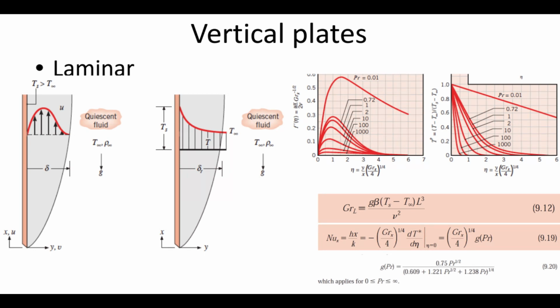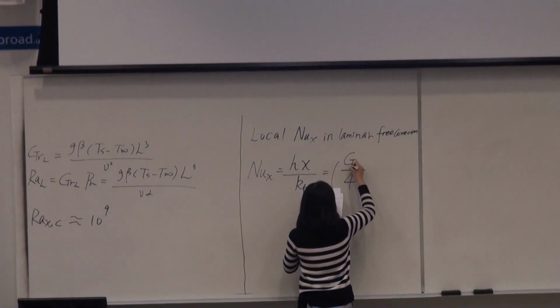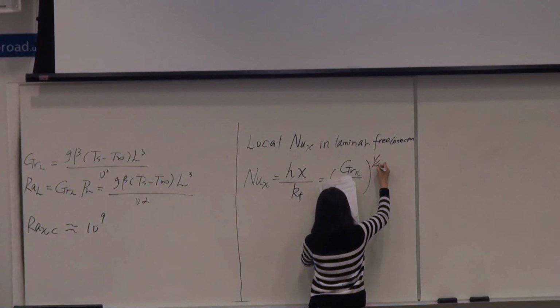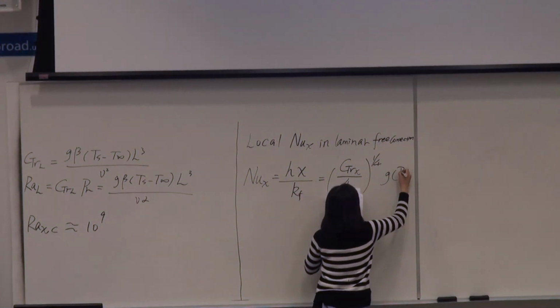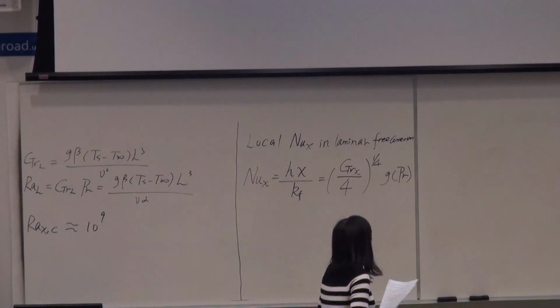The local Nusselt number is a function of both the Grashof number and the Prandtl number. That's what equation 9.19 says.